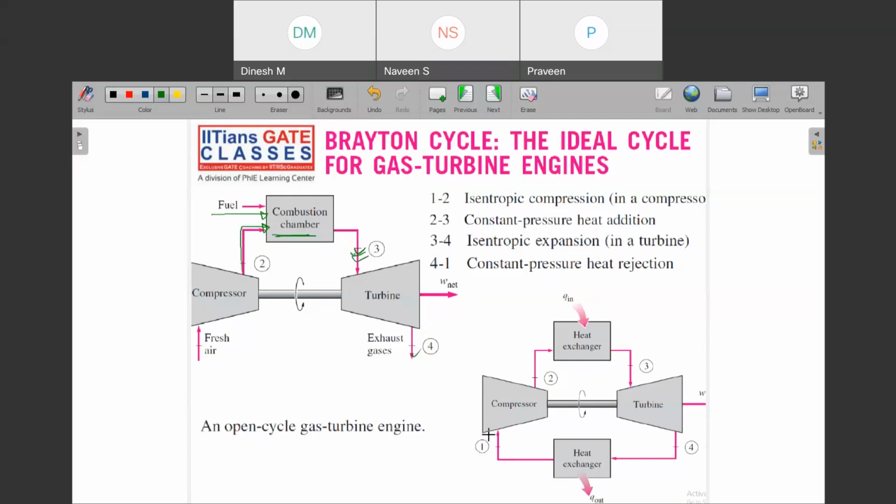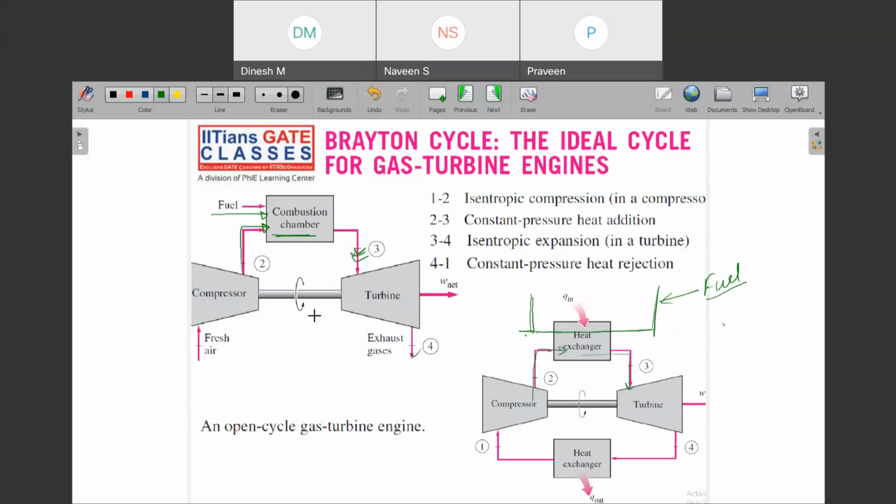But in the closed cycle gas turbine, we have a heat exchanger. That means you have burned the fuel somewhere else, and now you are exchanging the heat of that burned fuel with the compressed gas, and then this gets expanded in the turbine.